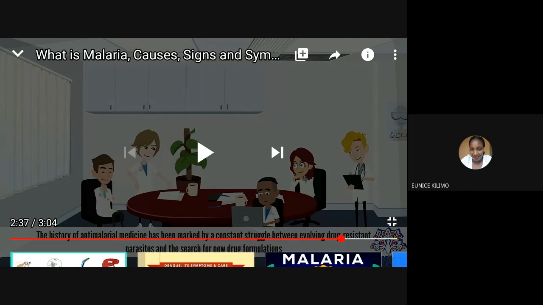AL standing for? Something like artemether-lumefantrine. What other treatment for malaria do you know that's available? Sorry? Including the anti-malaria tablets.